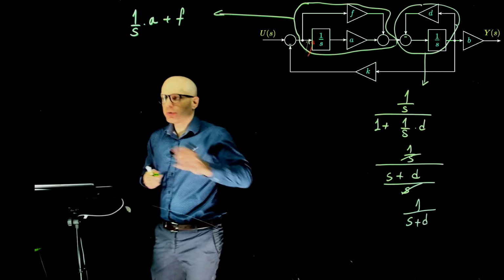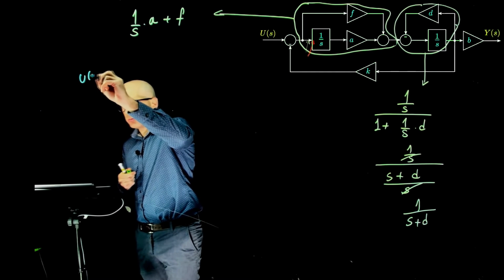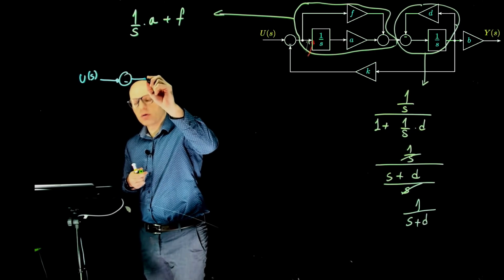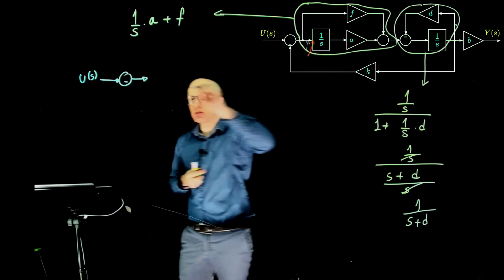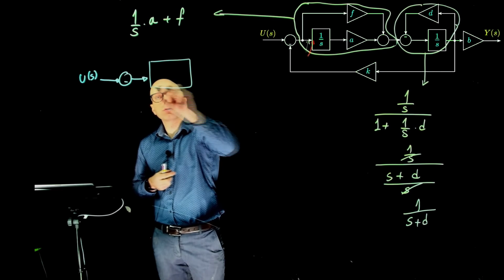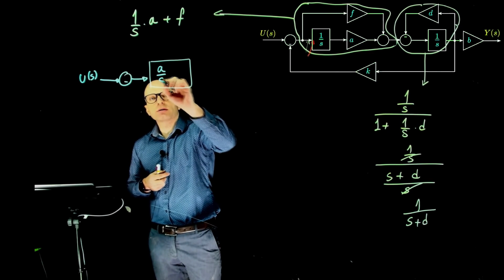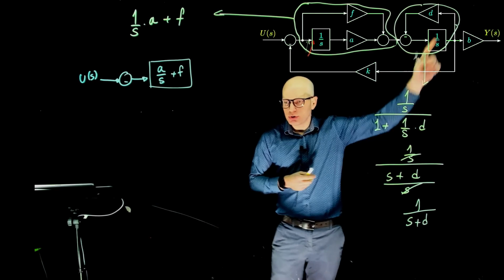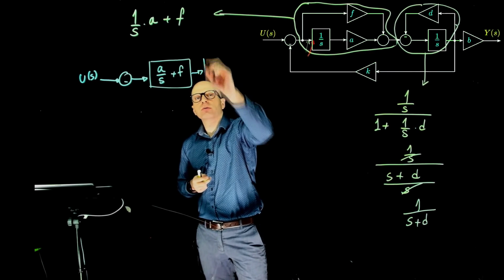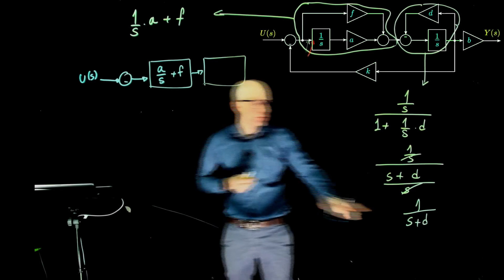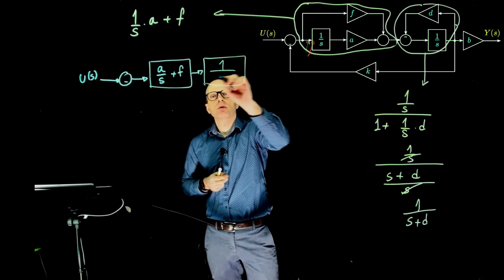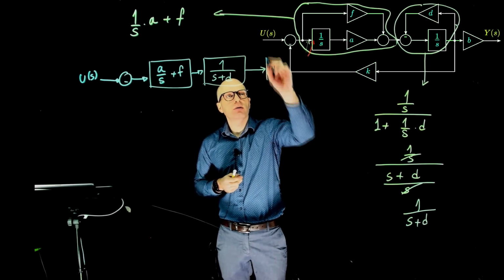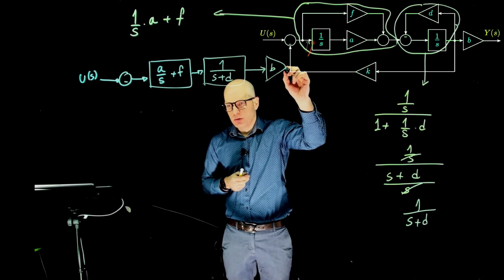Okay. So this simplifies to u that feeds that sum. This whole thing here simplifies to a over s plus f. This whole portion here simplifies to 1 over s plus d. Here we have b and y.